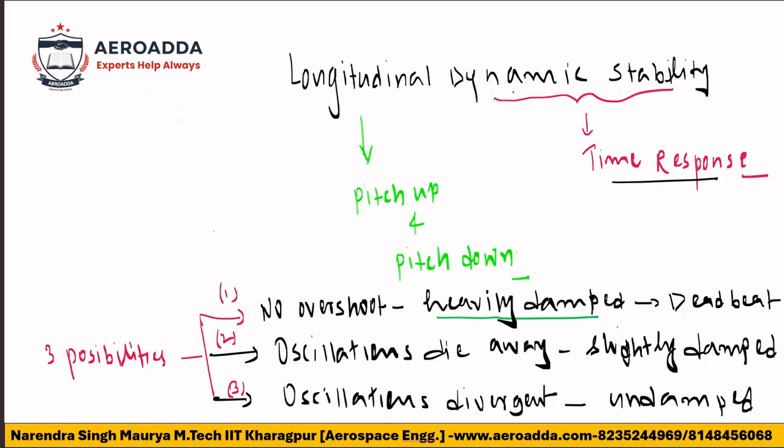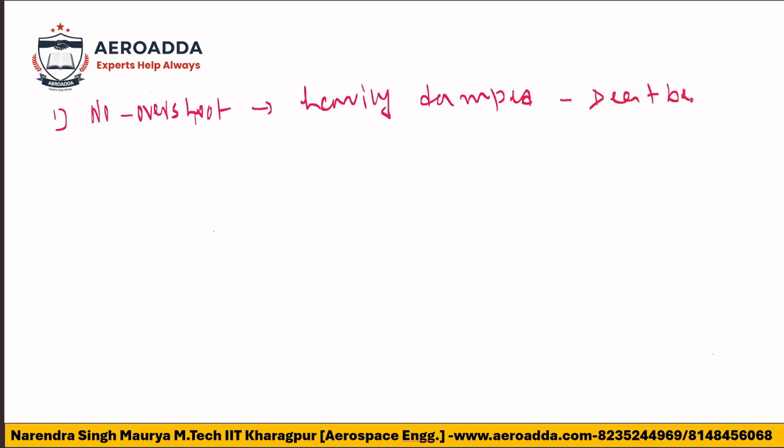So no overshoot or deadbeat. The first one is no overshoot, which is also called heavily damped, or also called deadbeat. There is no beat at all, and that means there is no oscillation. That's the meaning of it. Correct. If you do this by graph, it will be somewhat like this.